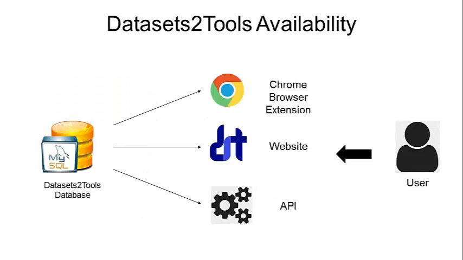So information about tools, datasets which can be analyzed by them, and the canned analyses will be stored in a database, which we aim to make accessible to users across the scientific community through a Google Chrome browser extension, a website, and an API. The Chrome browser extension will enrich the dataset landing pages and dataset search pages of DataMed and other repositories by allowing users to easily access canned analyses associated to each dataset.